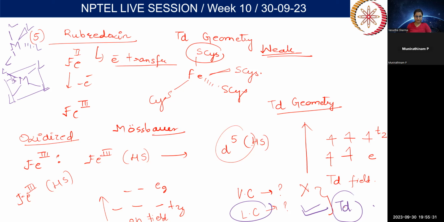Once again explain, ma'am, how lattice contribution is available in tetrahedral geometry. Okay. In lattice contribution, we are mainly focusing on this: if you consider a box and I give you balls, and you have to put them at a specific and equal distance so that from any direction they would look similar.